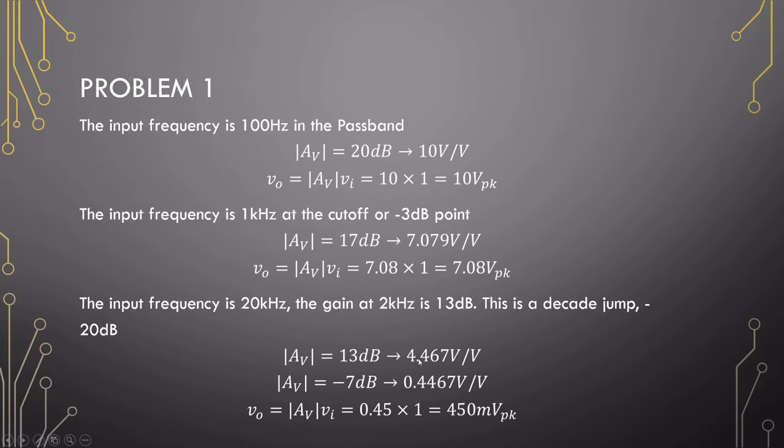So we can convert both of these to volts per volt, and at 2 kilohertz our output will be 4.467 volts, and at this minus 7 we will be sitting at 450 millivolts peak. Okay, so let me jump into the simulation here and show you.